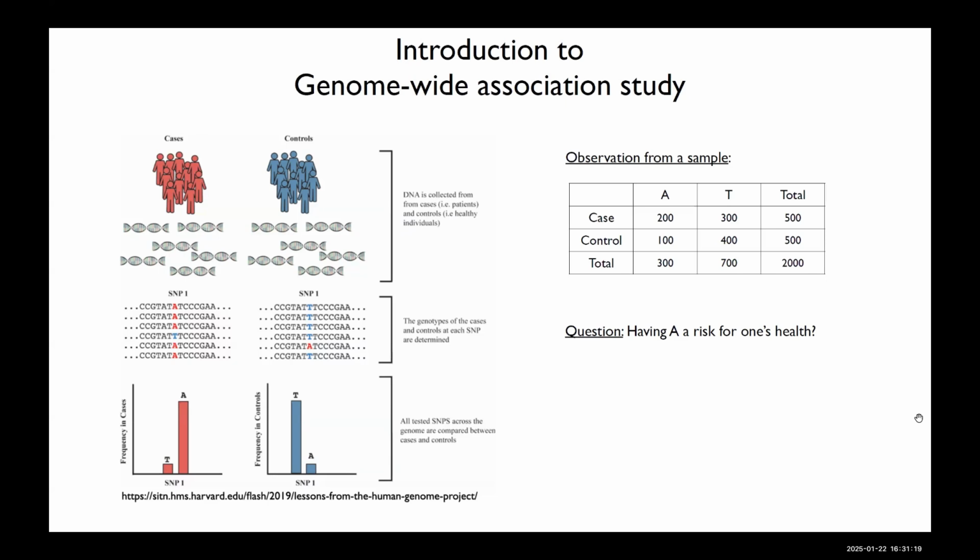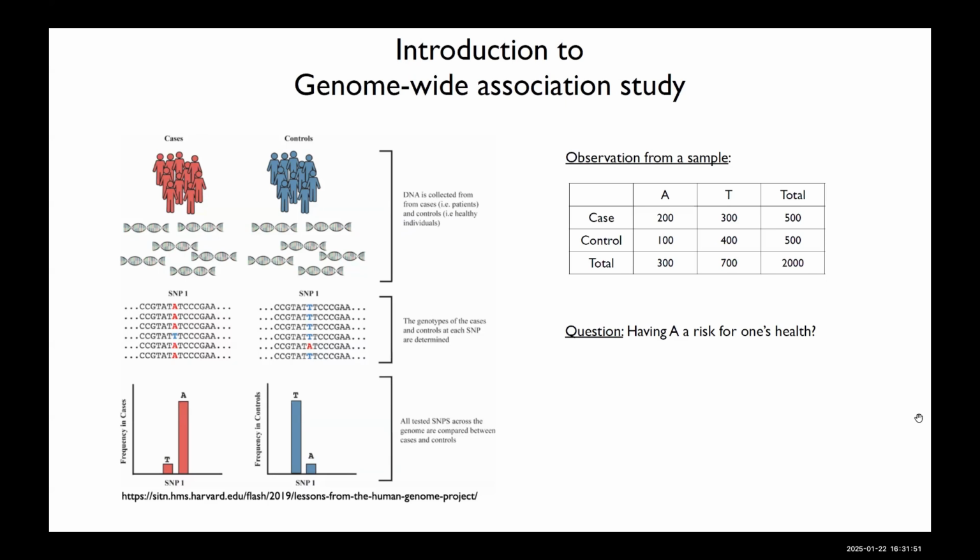And from the sequenced genomes of these thousand individuals, they discovered that there is a genetic variant somewhere in the genome, whose frequencies differ: in the control sample the letter T is often changed to the letter A in the people with certain disease.